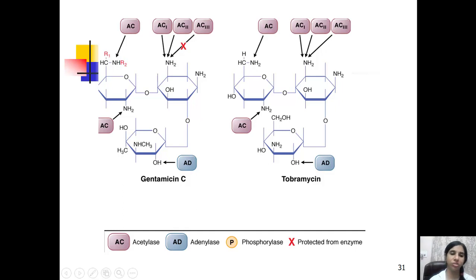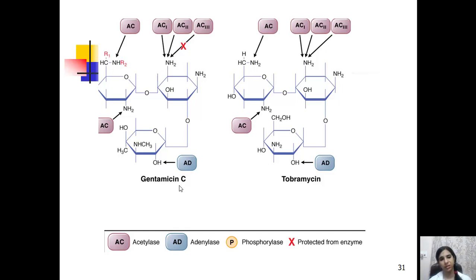And when its structure is altered, it is not able to inhibit protein assembly in the bacteria. This cross shows that gentamicin may be resistant to one of these drug inactivating enzymes, acetylase 3. But most of the time it gets converted into some other substance which is not active on the bacteria.